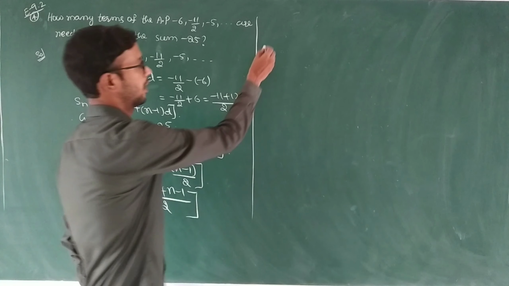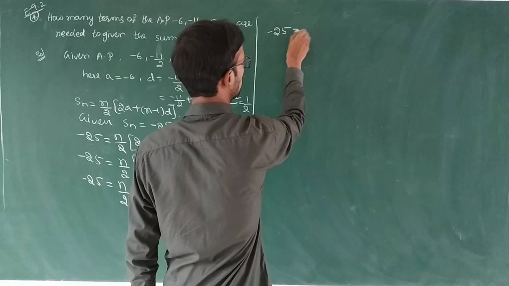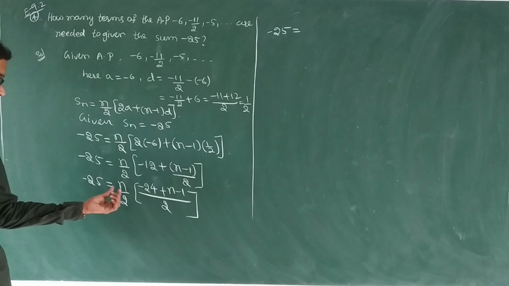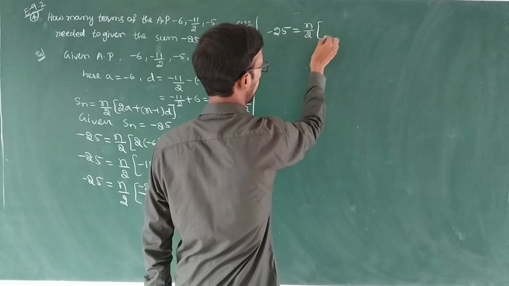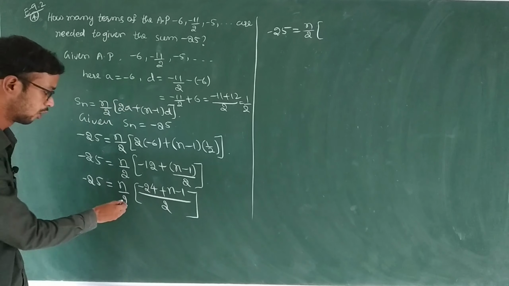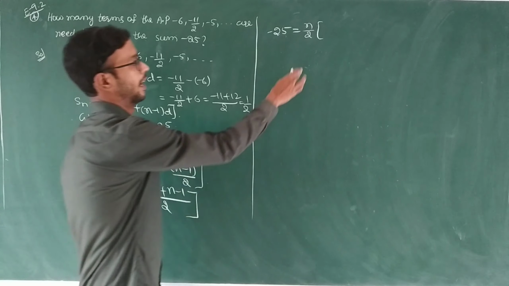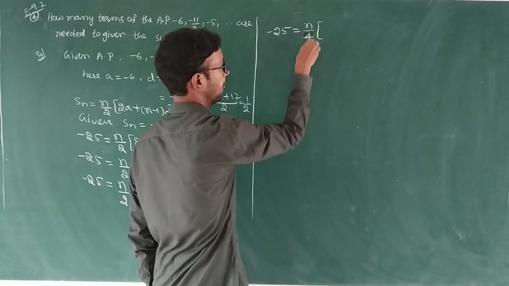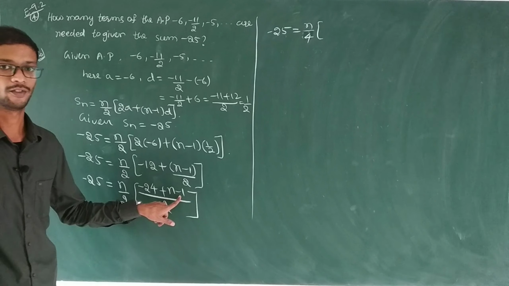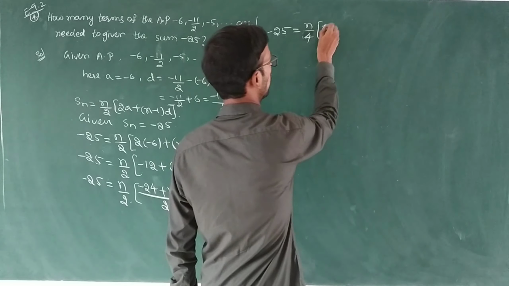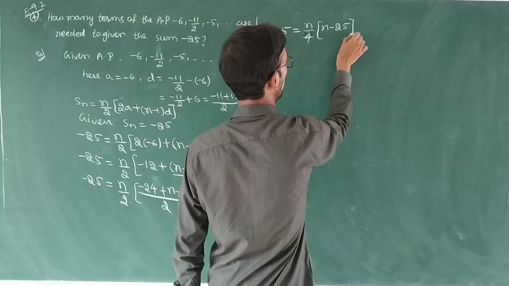Again, simplifying, minus 25 is equal to n by 2, as it is. Here the 2 goes to the other side as 4. Next, minus 24 minus 1 is minus 25. So n into n minus 25.